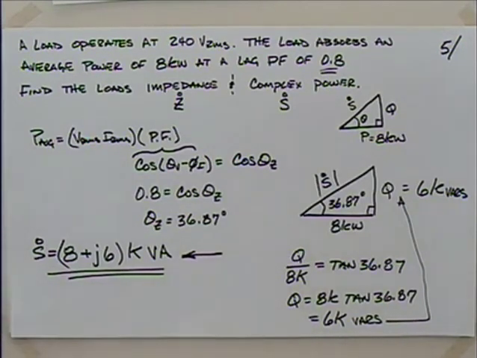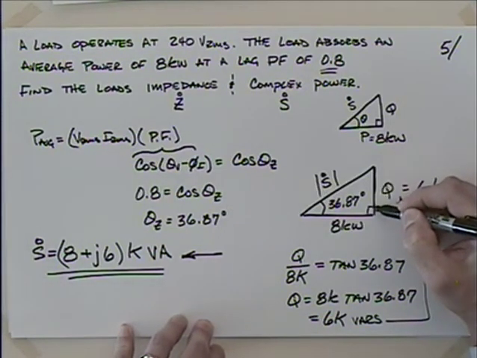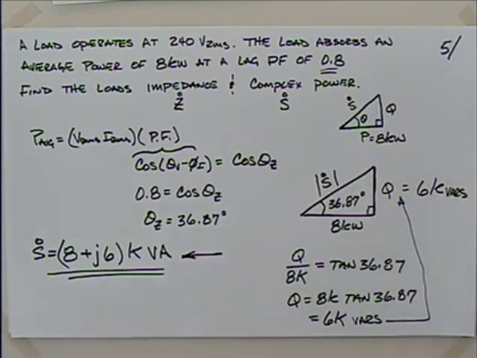So that'd be my answer for S. That's as good as any answer. You can put it into a magnitude angle, but that's fine for now. So the one thing that I take away from this portion of it, we're not done with this problem, is draw your triangles. Turn this kind of ugly electrical terminology into very simple geometry and trigonometry.